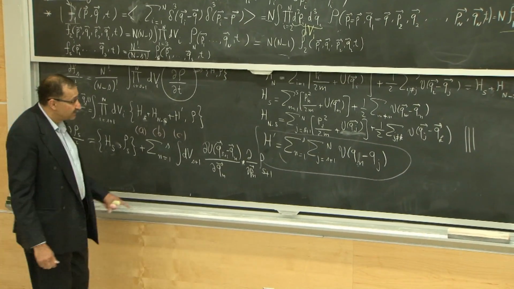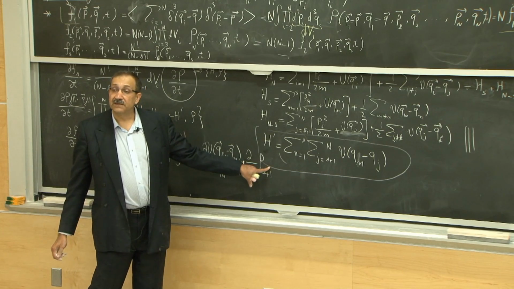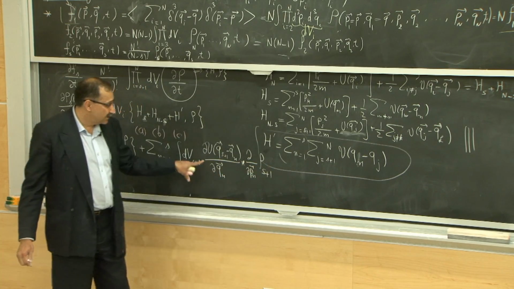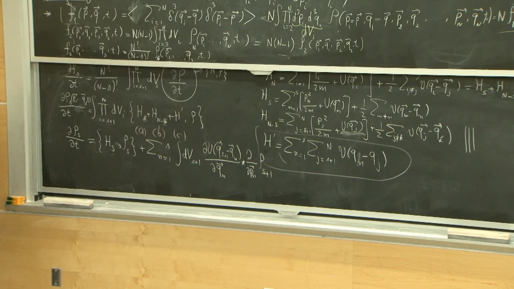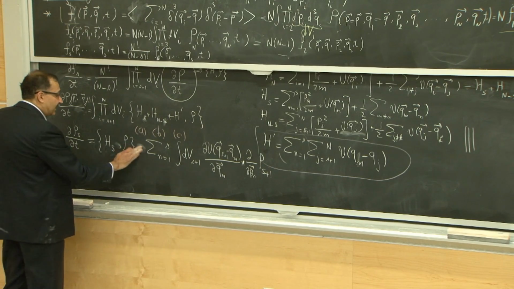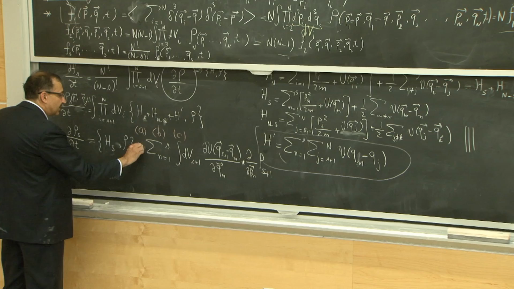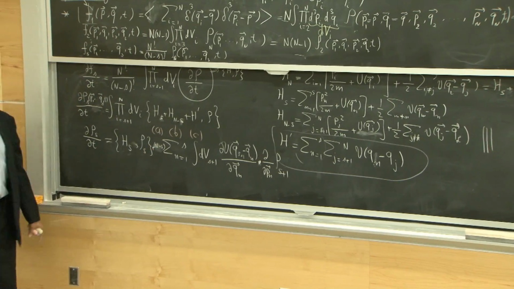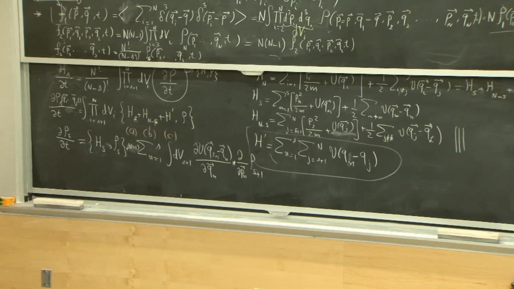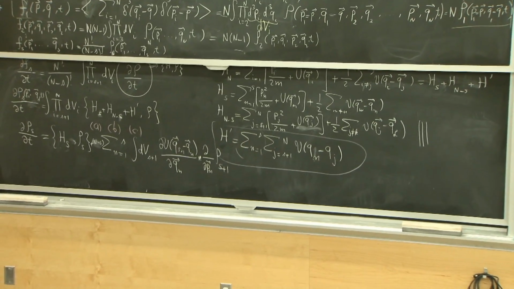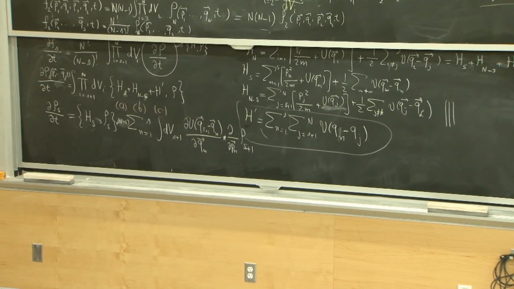But of course, I'm not really interested in the coordinate of this new particle, so I integrate over it. There are n minus s such particles, so I really have to put a factor of n minus s here for all of potential collisions. And so that's the equation.